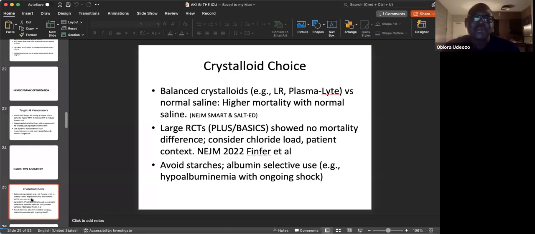So this group, they compared balanced IV fluids, which is mainly lactated Ringer's and Plasma-Lyte, versus normal saline. And they looked at which one was associated with a higher mortality. Okay. Now, another group did the same thing, and they came up with two different results.